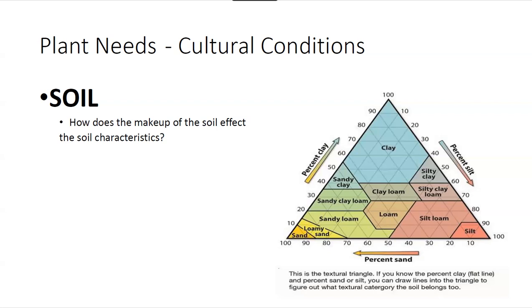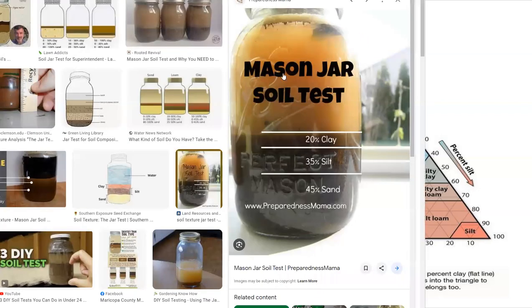And the reality of that is it's a jar test, so a soil jar test. We can pop one up here. Here we go. Perfect example right here. This is a soils test, right?